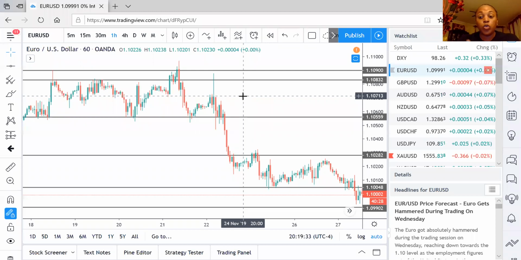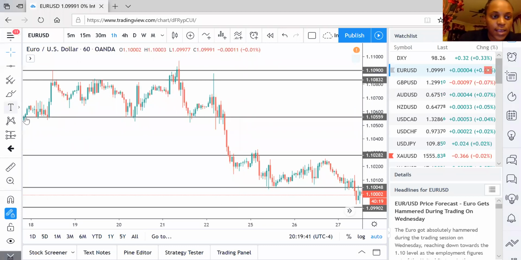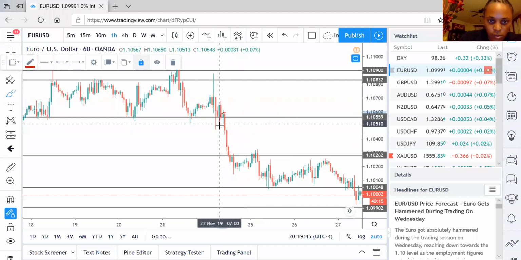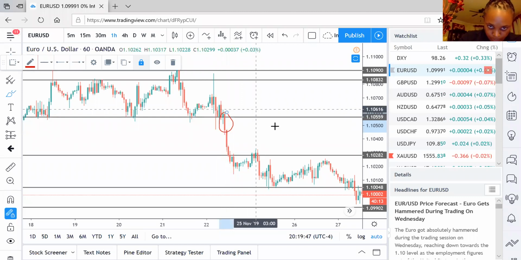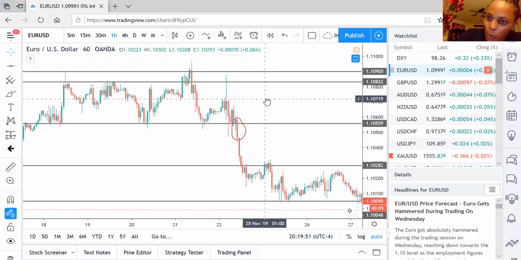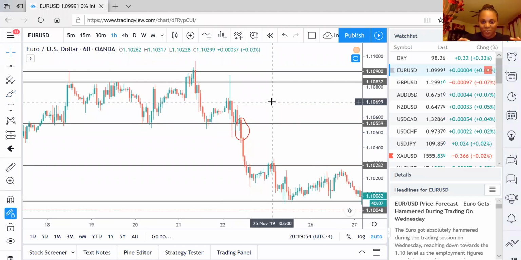As a beginner, if you don't know how to anticipate certain moves, let the market tell you, right? So in this case, everybody should be able to see that this was a breakout candle here, right? Now, if you really draw support and resistance well enough, you can trade in between zones.